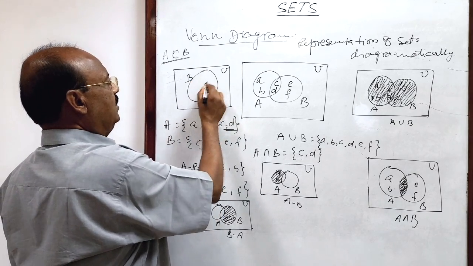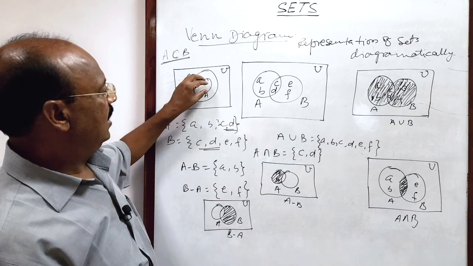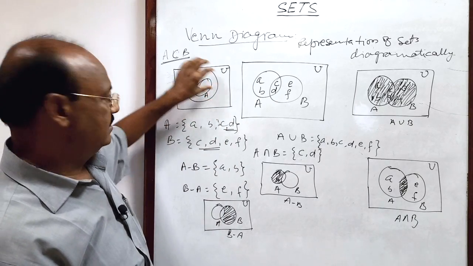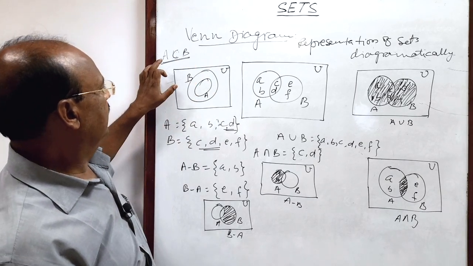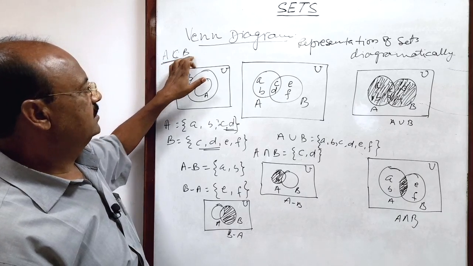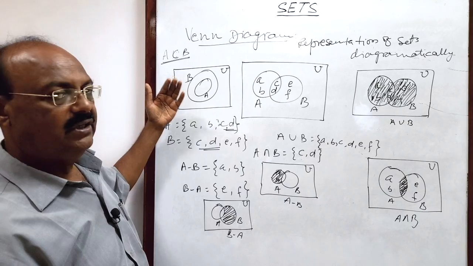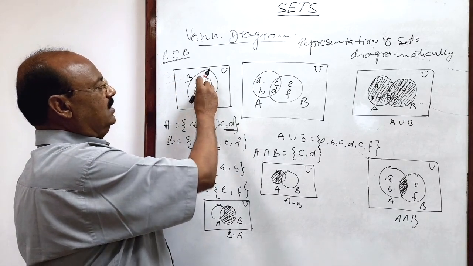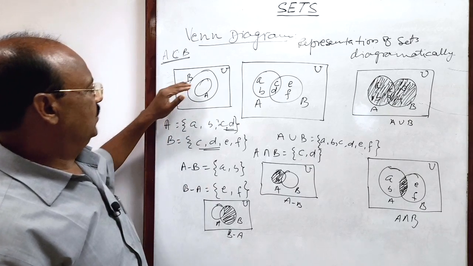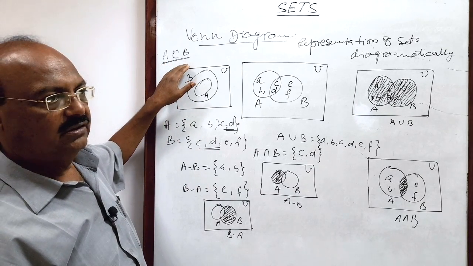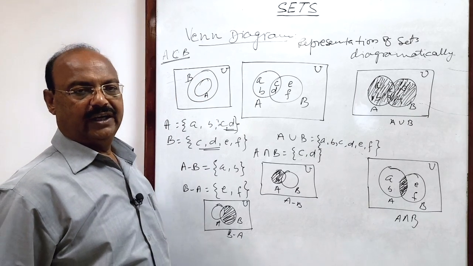This is set B and this is set A. So the entire area of set A will lie inside the closed area of set B if A is a subset of B. And conversely, if B is a subset of A, then we put B inside A. Correct? So in this way we can represent subset notation also with the help of a Venn diagram.